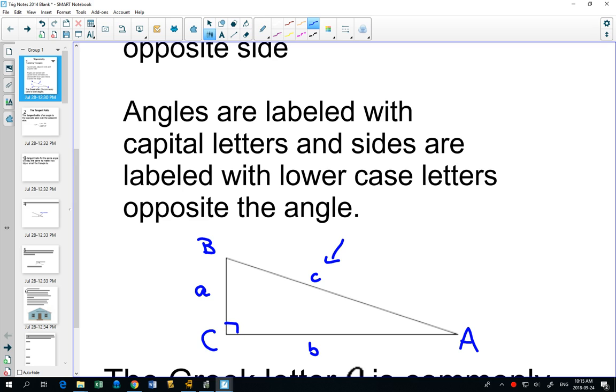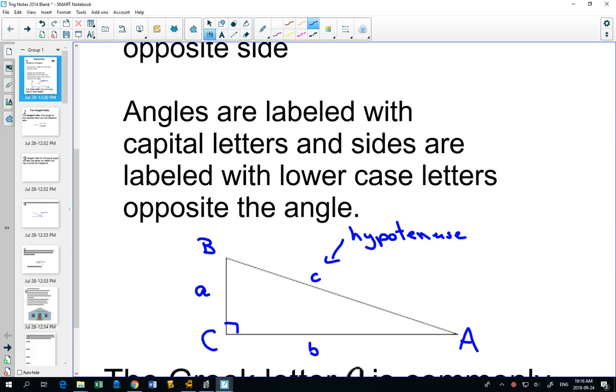That is our hypotenuse. The side opposite the 90-degree angle is your hypotenuse. And then these are our sides, and they change depending on which angle you're talking about.